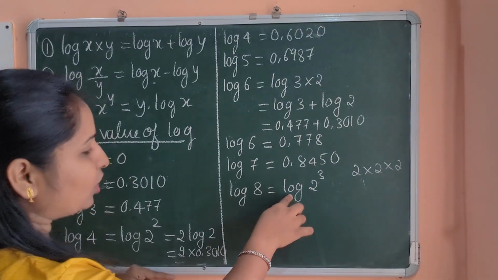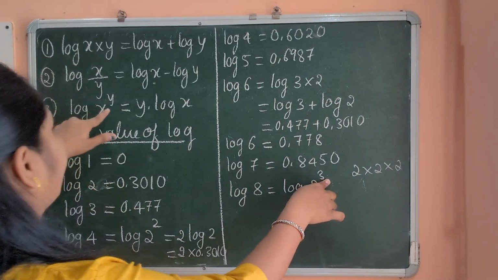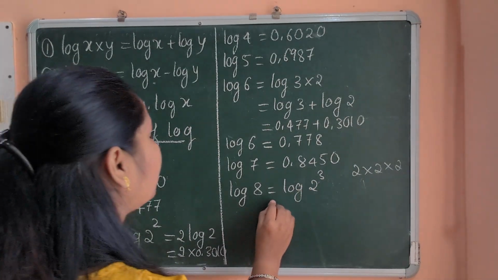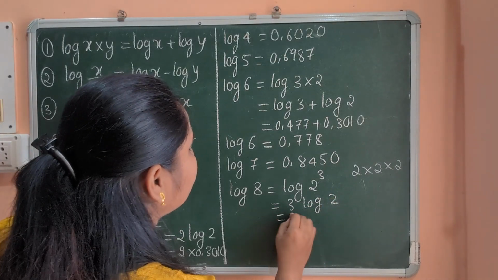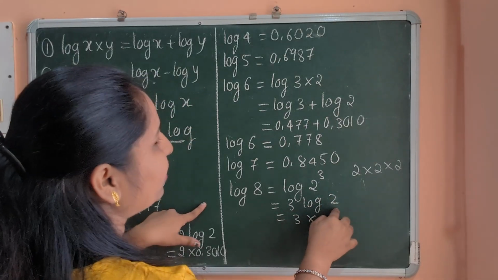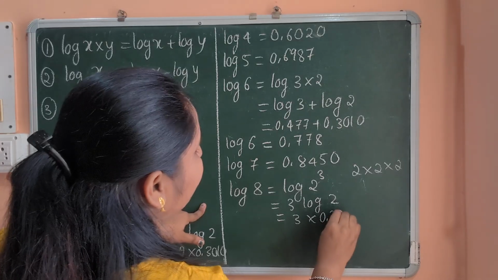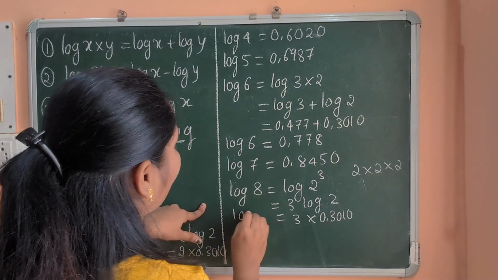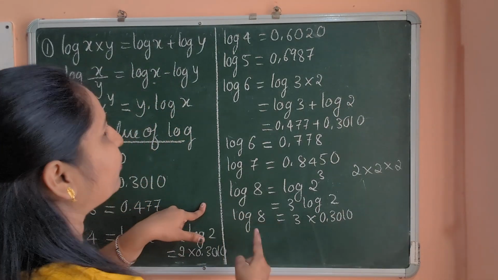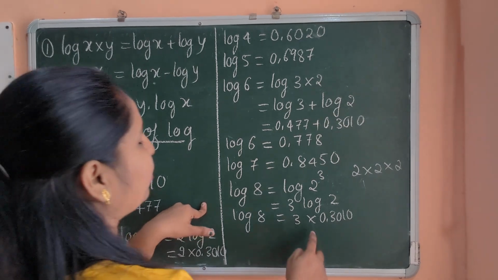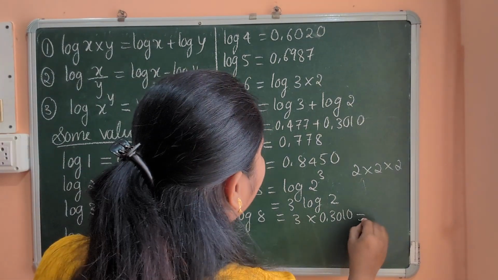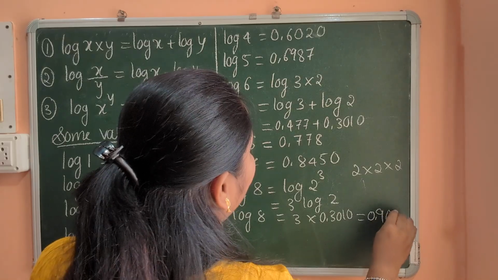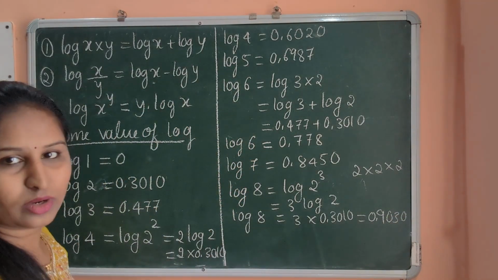Now it is log x to the power y, the same formula, so it is 3 into log 2. Log 2 is 0.3010. Multiplying, 3 3s are 9, 3 1s are 3, so log 8 is 0.9030.